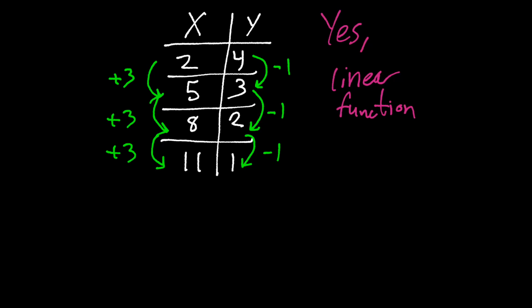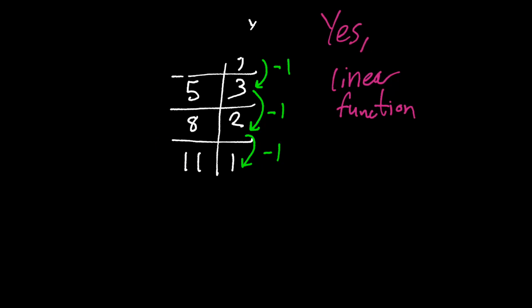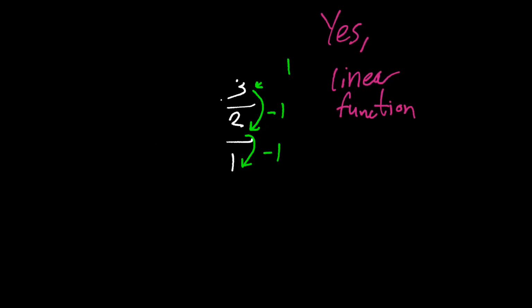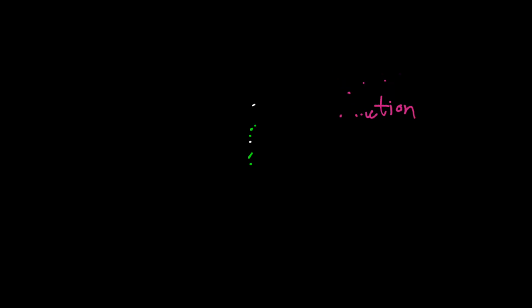So let's take a look at an example of a table where it is not a linear function. So let me erase these. And let's put our table up again. We got our x and our y.